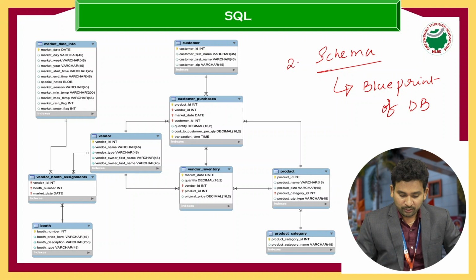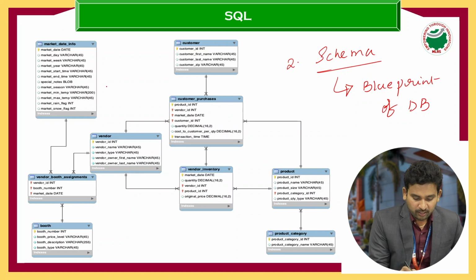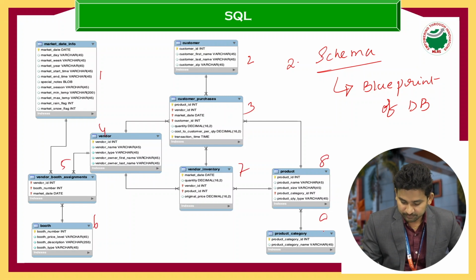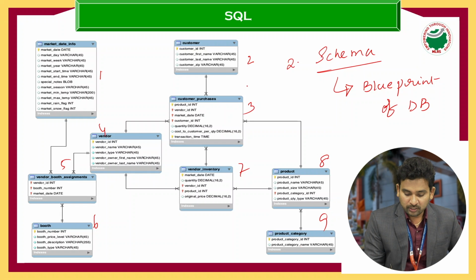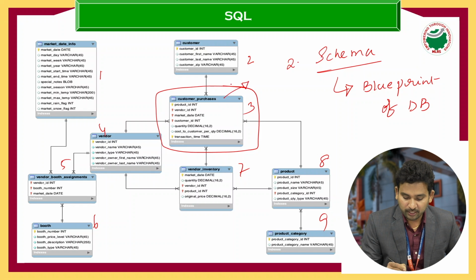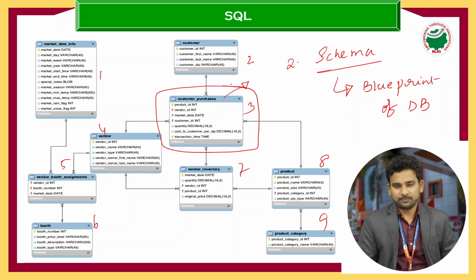For example, we have different tables. This indicates one table, and the title of this table is customer purchases.